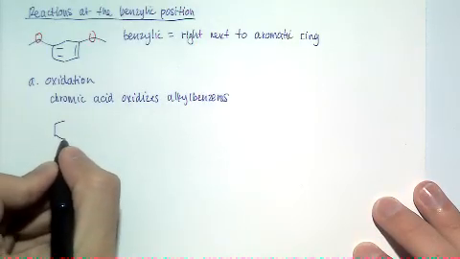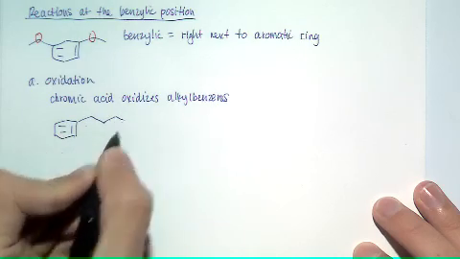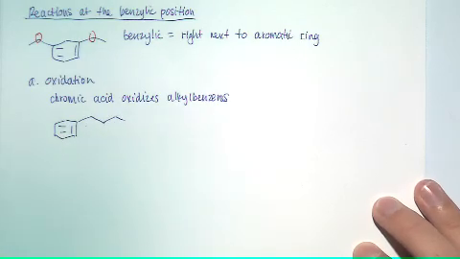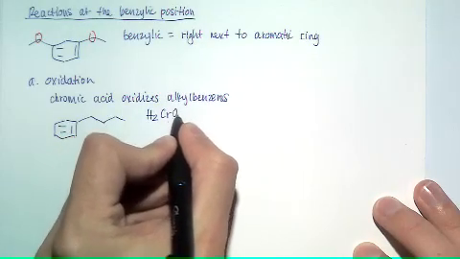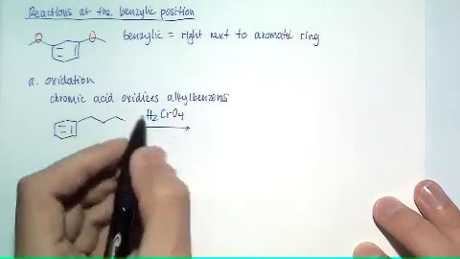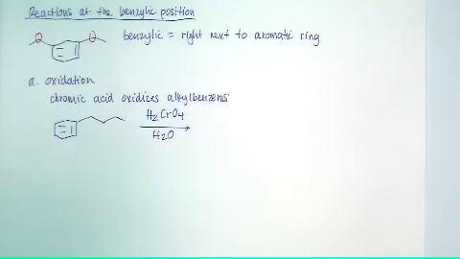So if we have some alkyl benzene like that, and we treat it with chromic acid, and the way you actually make that is take some sort of dichromate salt, potassium or sodium dichromate, and dissolve it in sulfuric acid.